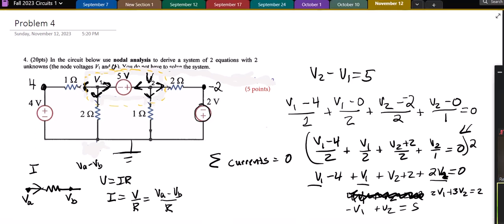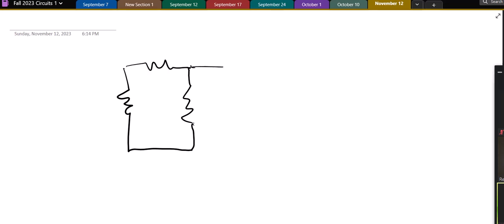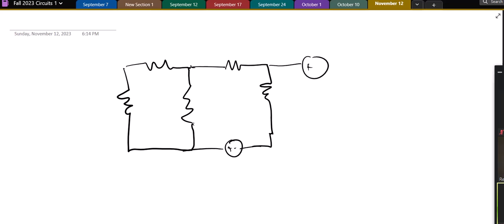Alright, so when I'm doing a node voltage equation, okay, so let's say this was the circuit that I was looking at, and I was trying to do nodal analysis on it.